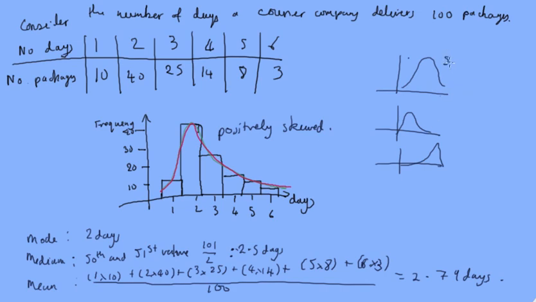If this would be symmetrical, this is positively skewed, and this would be negatively skewed. In general, we can look at the mode, mean, and median and be able to know if the data would be positively or negatively skewed. So let's draw again a representation of something that's positively skewed.